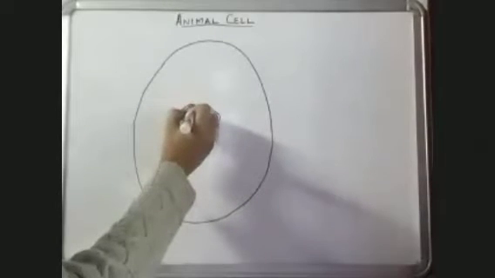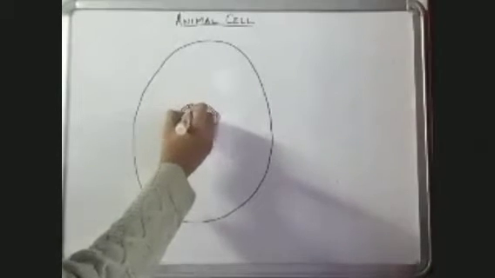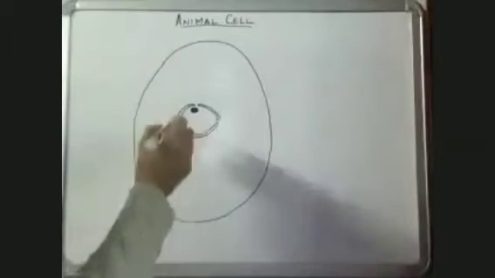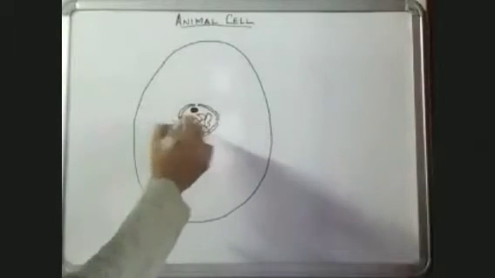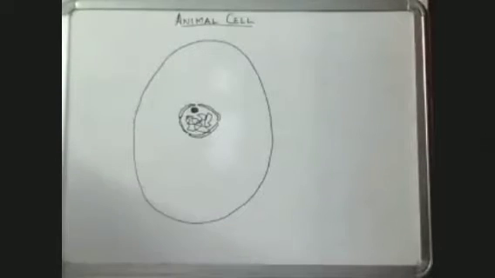We have a densely located body in this, a dense body. Then we have this, which is chromatin fiber.